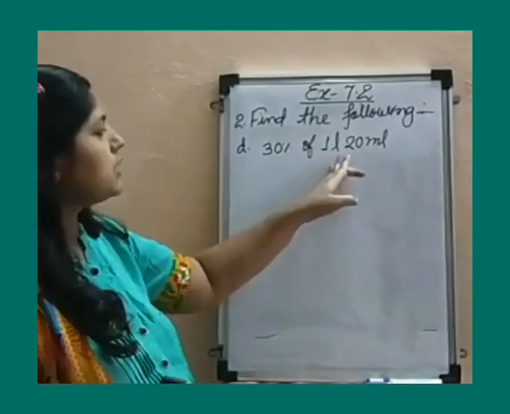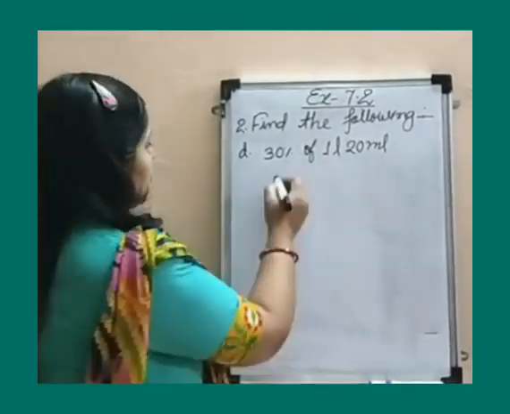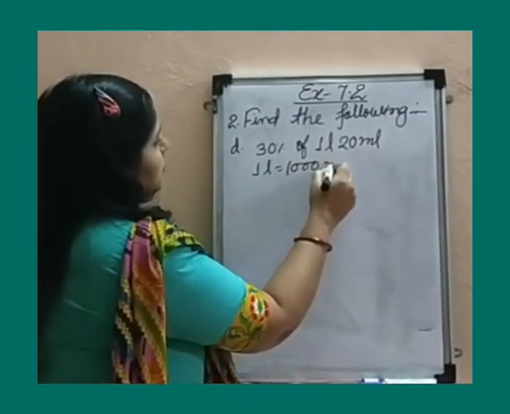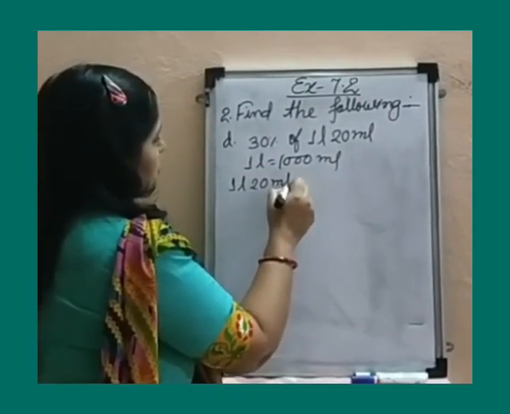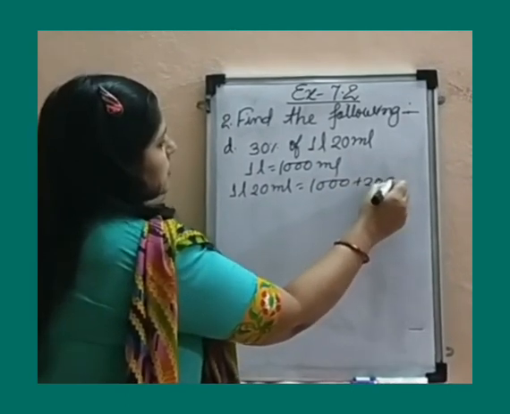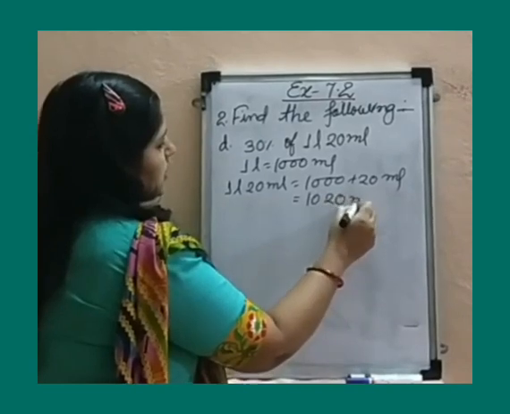Next is D. 30% of 1 liter 20 ml. First we will convert it into milliliter. So 1 liter equals 1000 milliliter. 1 liter 20 milliliter equals 1000 plus 20 milliliter. It means 1020 milliliter.